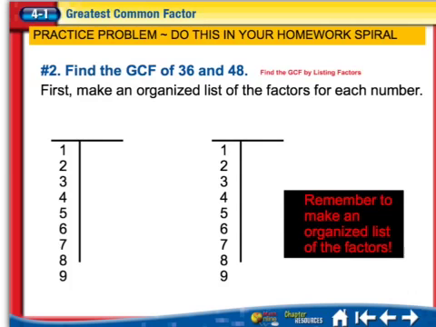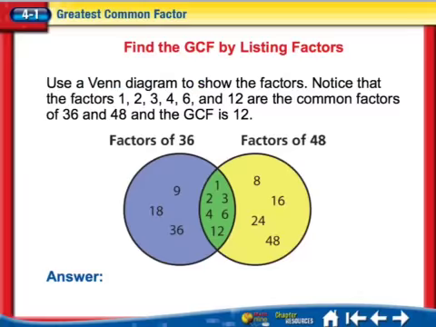I'm going to pause for a few minutes to give you a little bit more time, and then I'll move on. All right, let's move on.